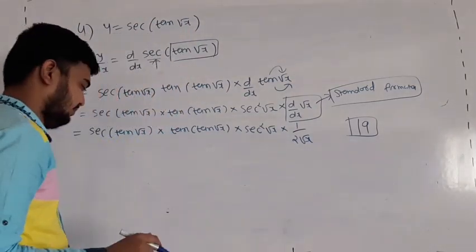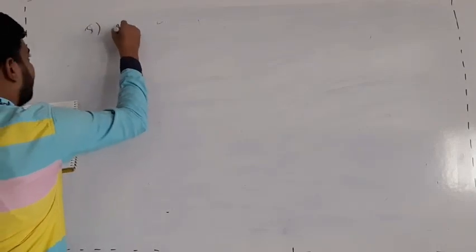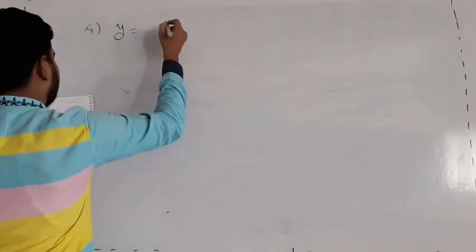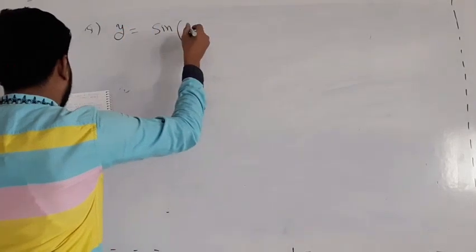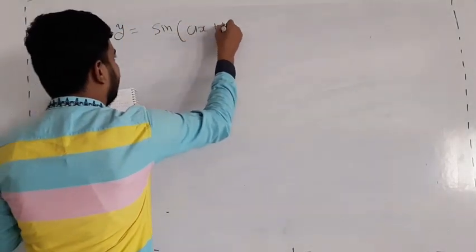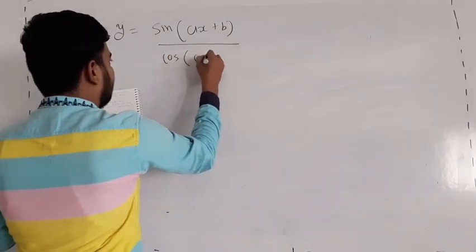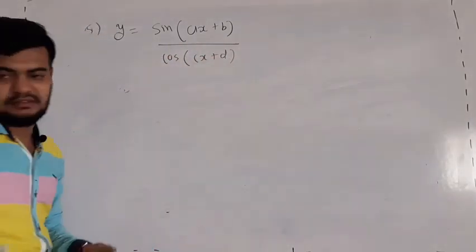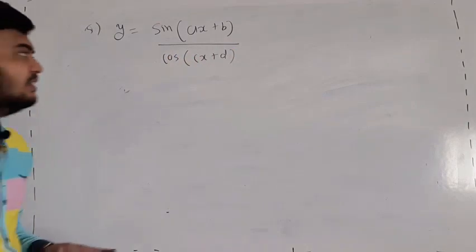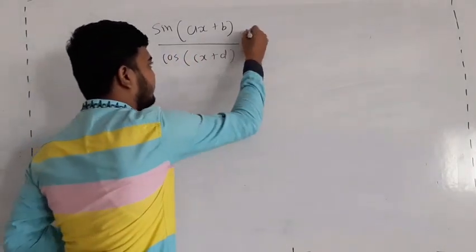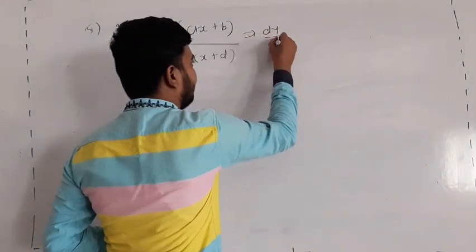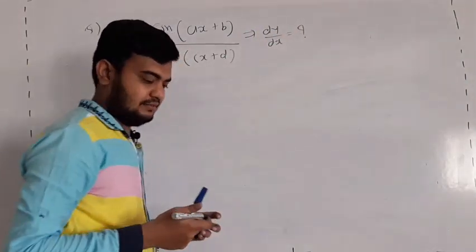Okay, the next question is the fifth one, y is equal to sine of ax plus b upon cos of cx plus d. Okay beta, and find dy by dx.